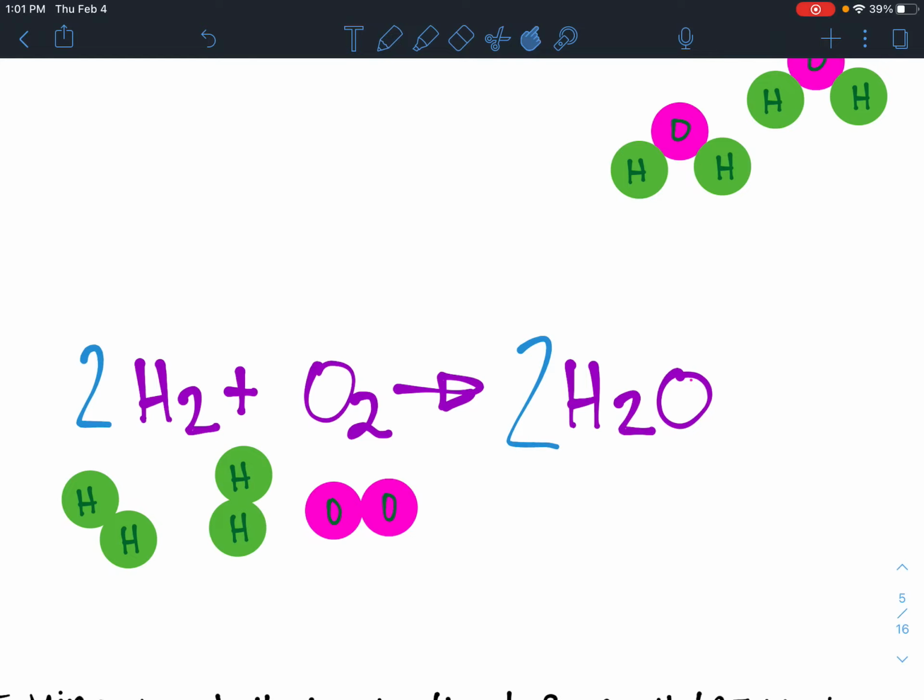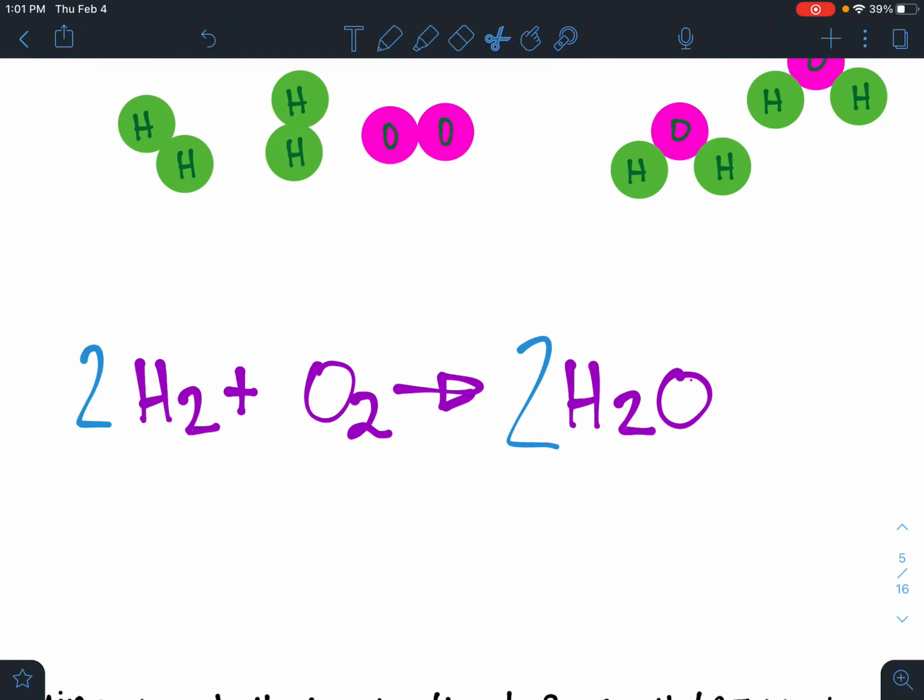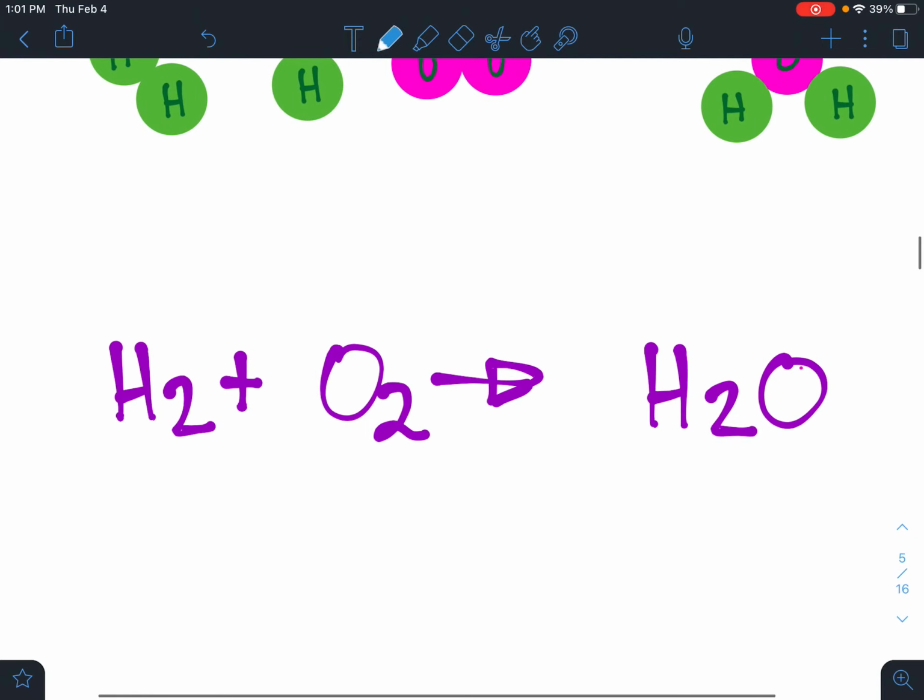Now, sometimes what students want to do, let me scooch my molecules back up, and I'm going to erase this balanced equation here. Sometimes students will see, okay, there are 2 hydrogens on the left side of the arrow, and there are 2 on the right. So the hydrogens are balanced. There's 2 oxygens on the left, and there's only 1 on the right.